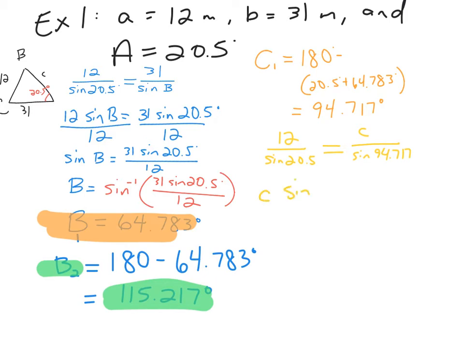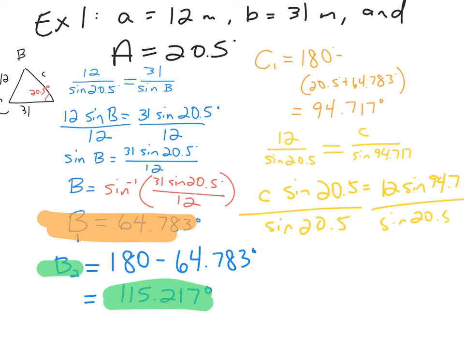C sine 20.5 equals 12 sine 94.717. And we're going to divide by the sine of 20.5. And that's going to give us our calculation right there. So our C value, C1, little c1, is going to come out to 34.149.